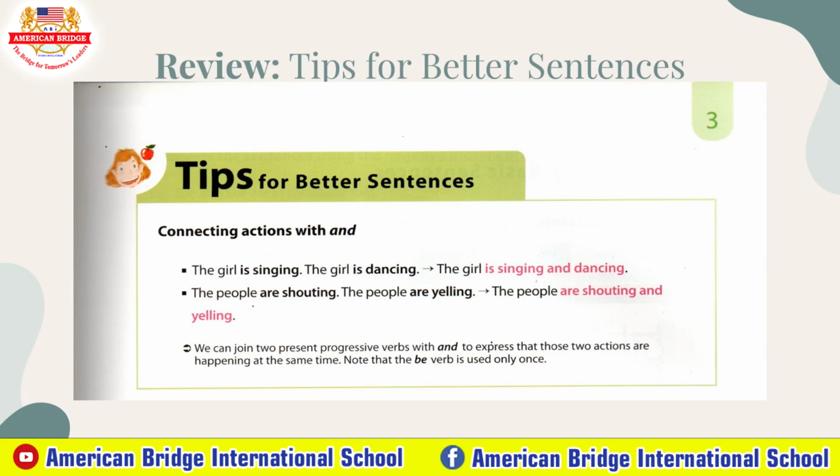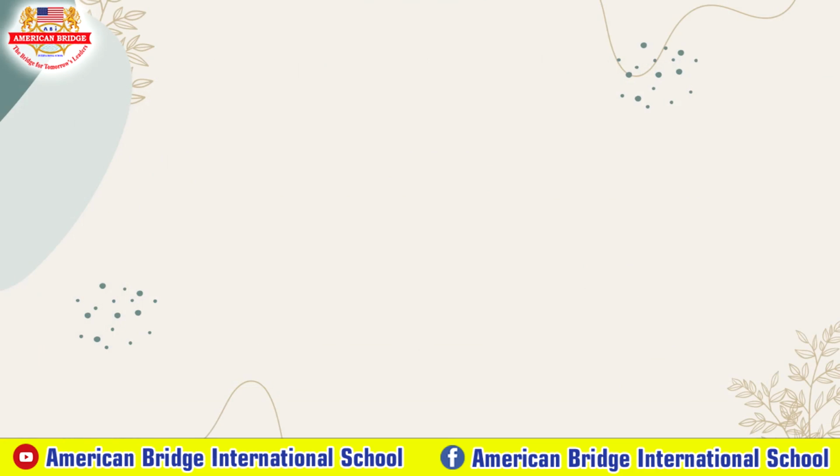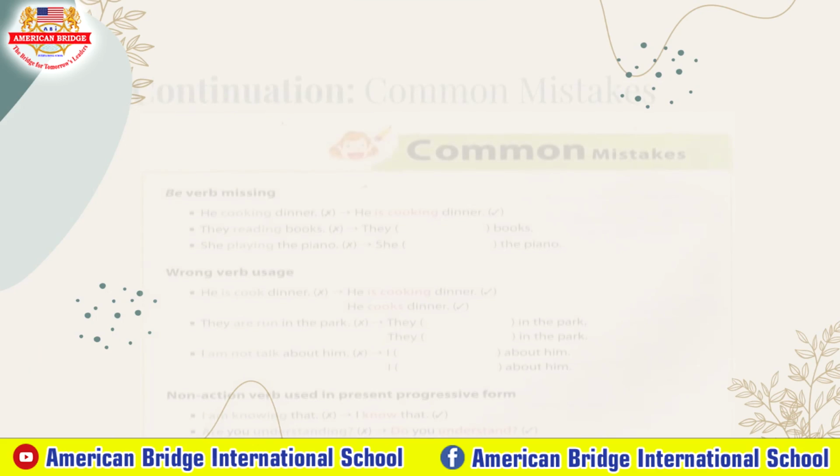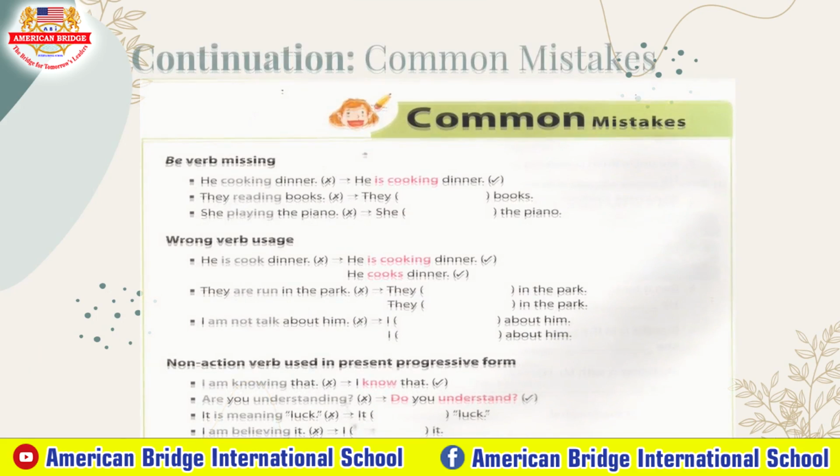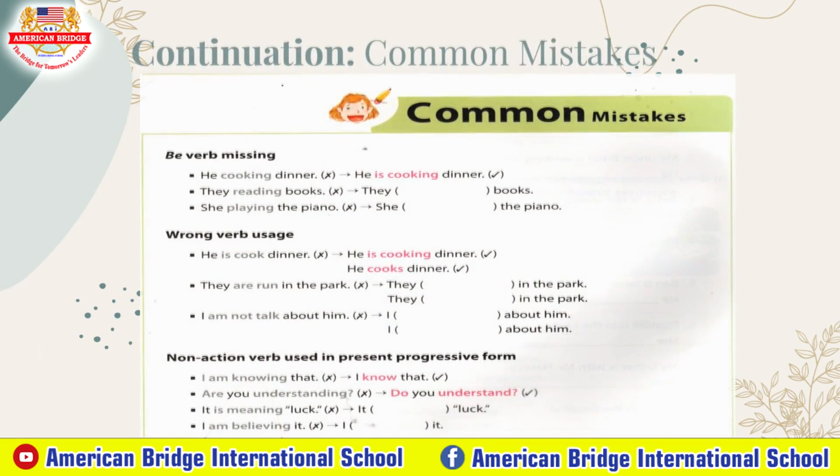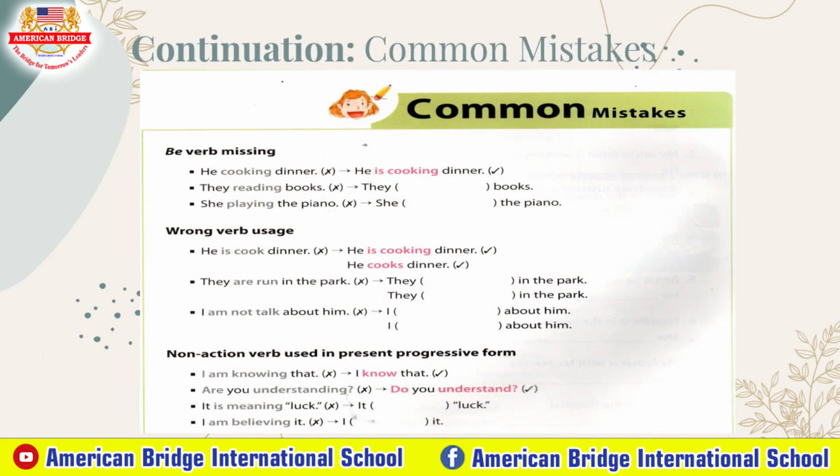So don't forget about this note. Okay, everyone, now let's continue our topic from last time. As you know already, this one we talked about already yesterday, right? This is only the continuation from our lesson yesterday.